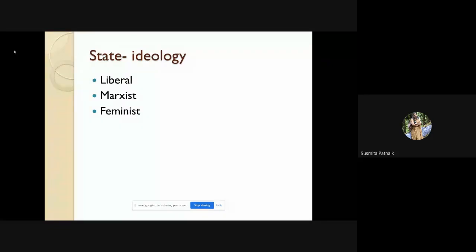What do you mean by the feminist state? Besides the liberal and the Marxist state, the state where women are protected, promoted, and developed is called the feminist state. We know that in the political field, women are not getting any reservations in the economic, political, and social spheres.